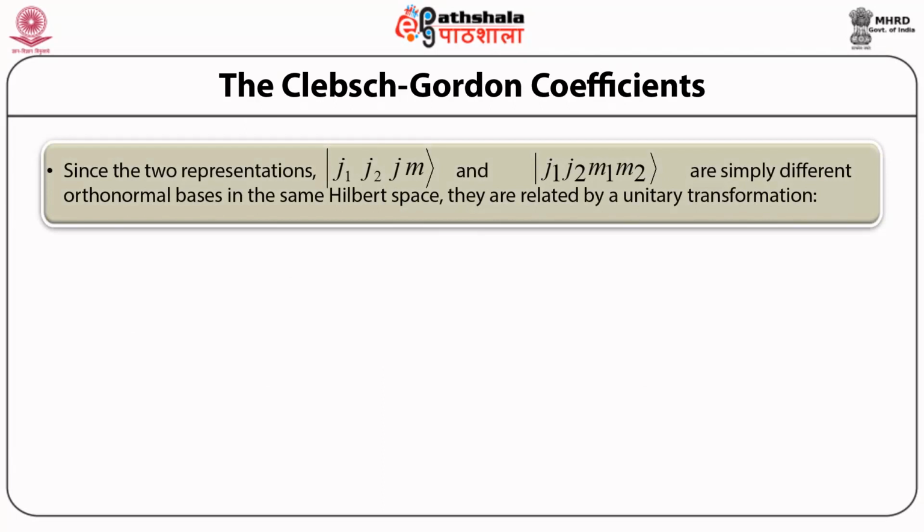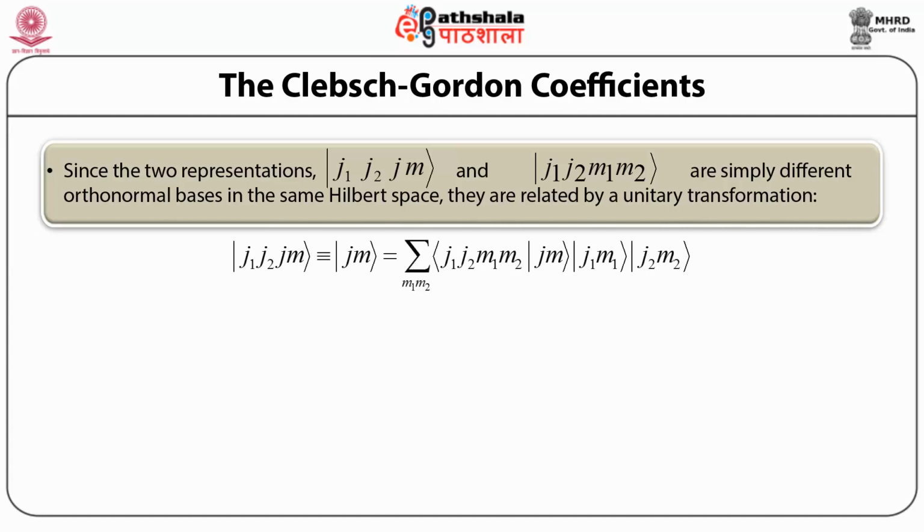Since the two representations, which are ket J1 J2 J m and ket J1 J2 M1 M2, are simply different orthonormal bases in the same Hilbert space, they are related by a unitary transformation. That is, ket J1 J2 J m, which is equal to ket J m, is equal to the summation over M1 M2 of the scalar product of J1 J2 M1 M2 with J m into ket J1 M1 and ket J2 M2.